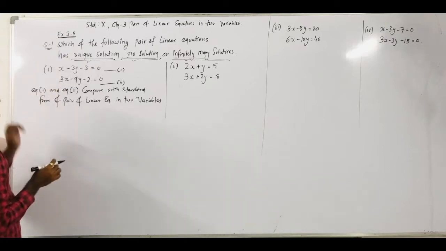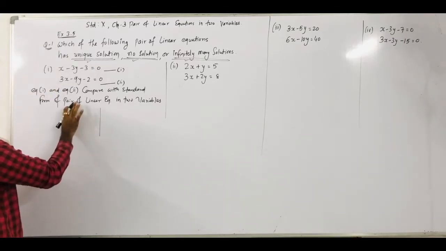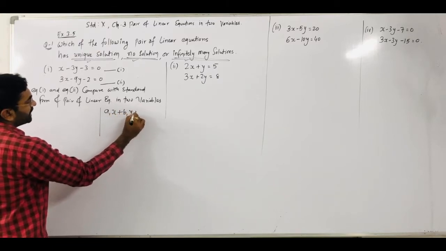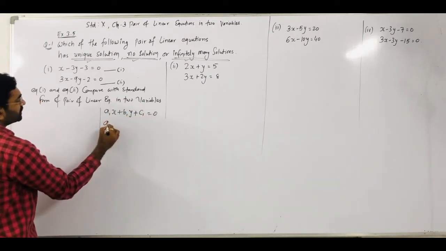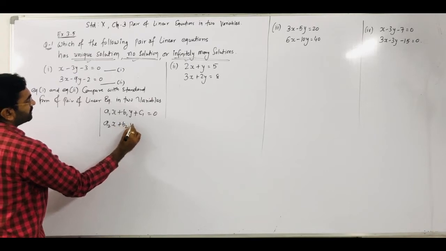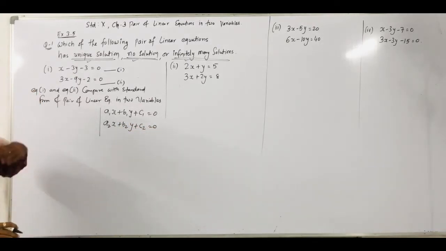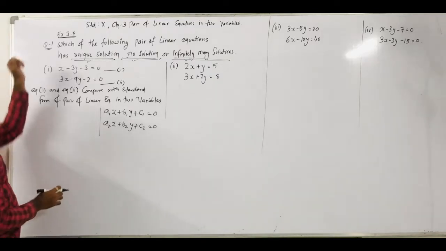So here I represent the standard form of the pair of linear equations: a1x plus b1y plus c1 is equal to 0, a2x plus b2y plus c2 is equal to 0. For defining the ratios, whatever values we require, that thing we have to learn.